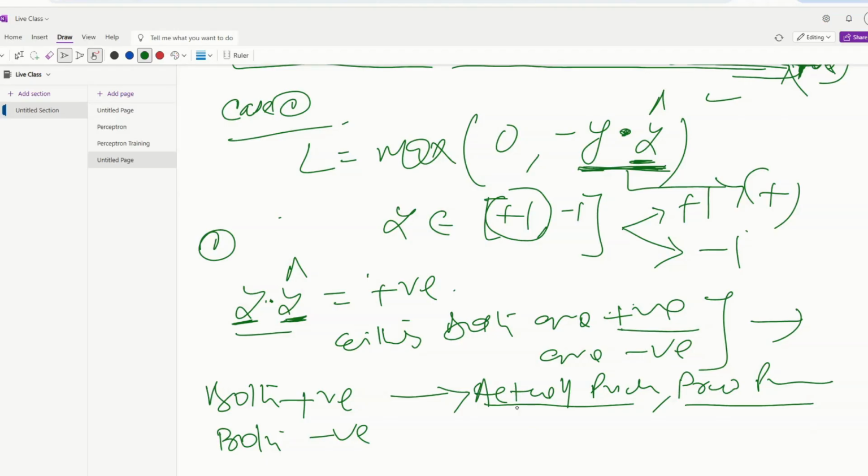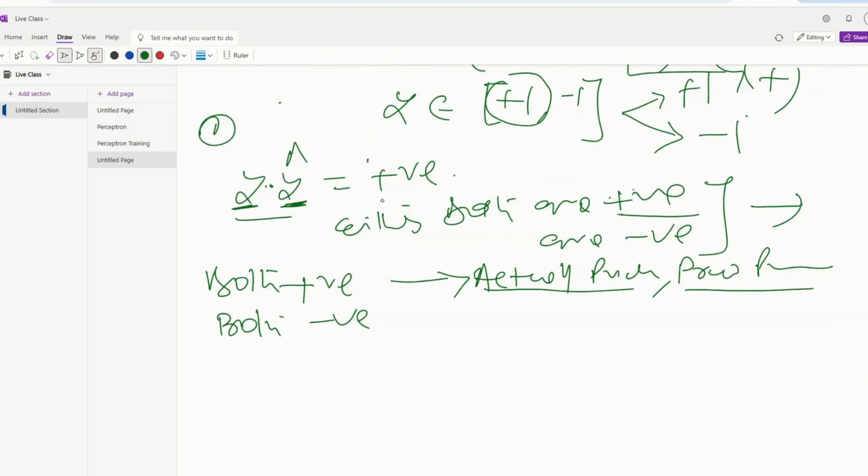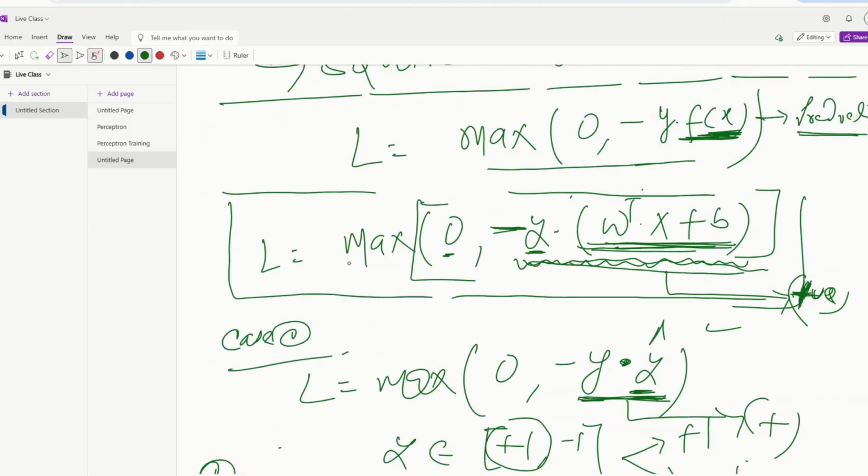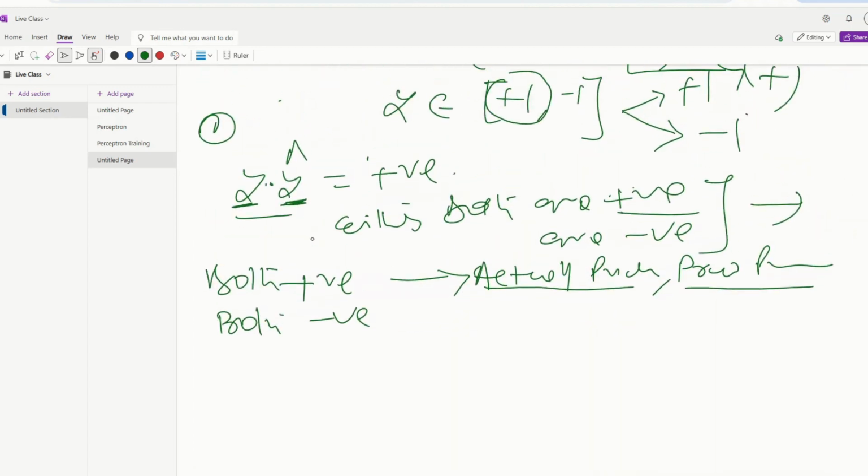So in this case, do you find any error? Is it an error case? I repeat, in the data set, y represents the actual label, and y prediction represents the prediction. Suppose I'm reading the first row.